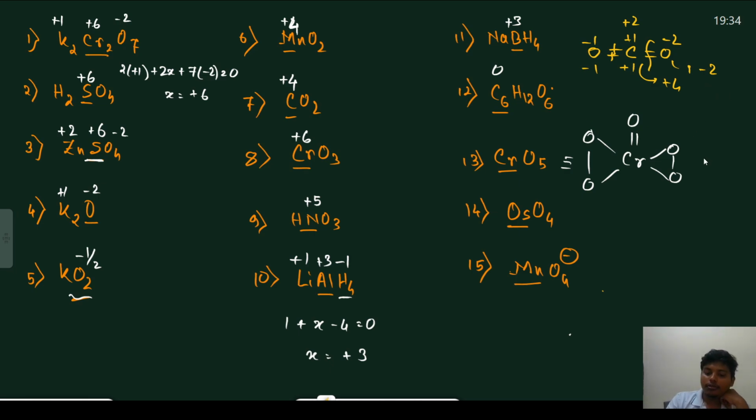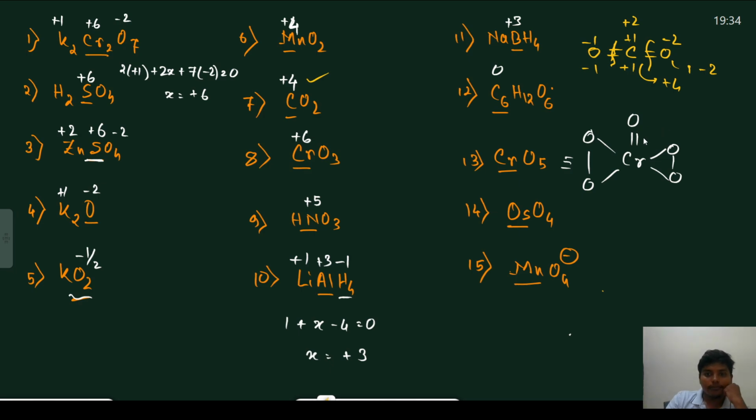Can I explain once again, sir? Because carbon is less electronegative and oxygen more electronegative, carbon gets +1 and oxygen -1. If I break 2 bonds, carbon will be +2, oxygen will be -2. That's why the oxidation state of oxygen came -2, and in carbon dioxide, carbon oxidation state came +4.